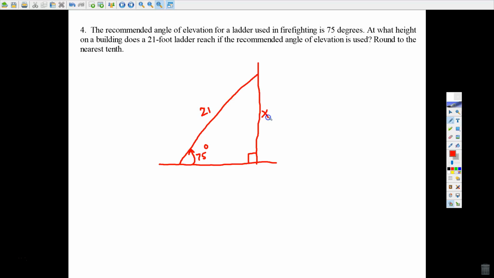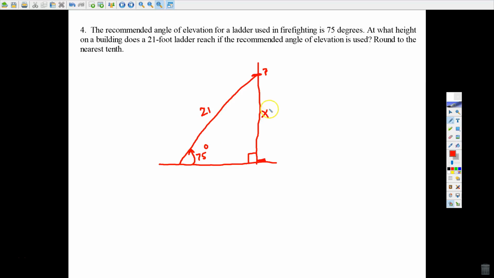We want to know what this height is. At what height on the building does this ladder need to reach? All right, so we're looking for basically this height that I've labeled as X. Okay, so we're always looking from the angle that we're given, looking out from, in this case, the 75-degree angle.